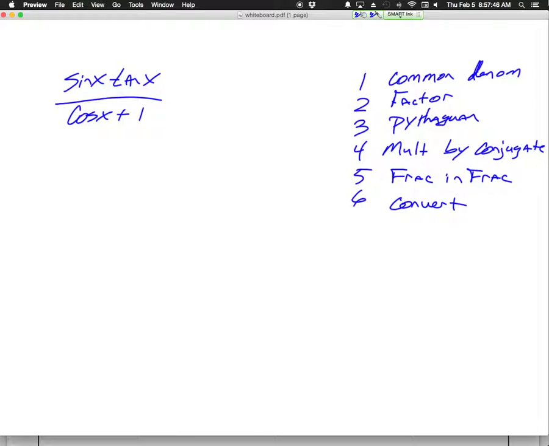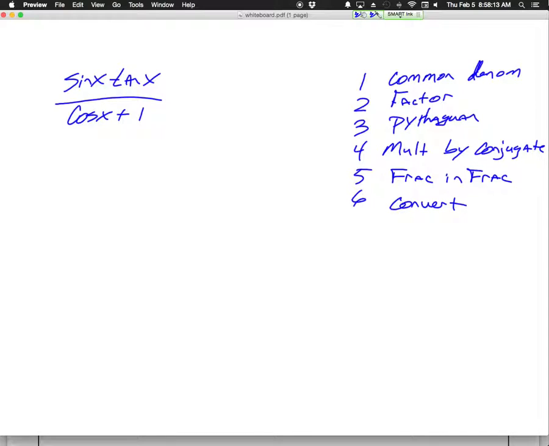Okay, sine of x tangent of x over cosine of x plus 1. So, common denominator, factor, Pythagorean, do I have a binomial that I can multiply by its conjugate?